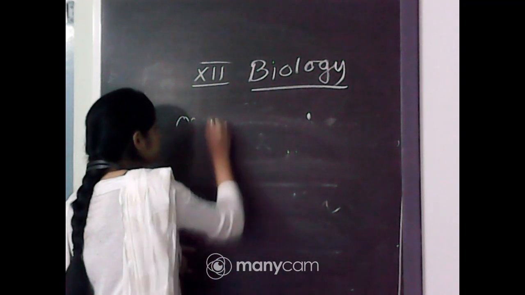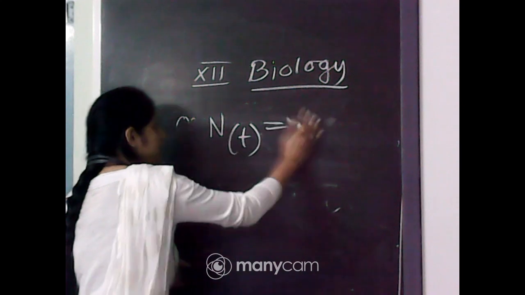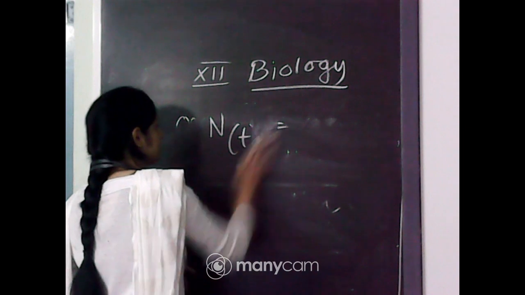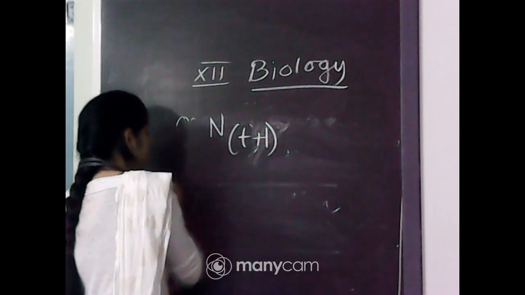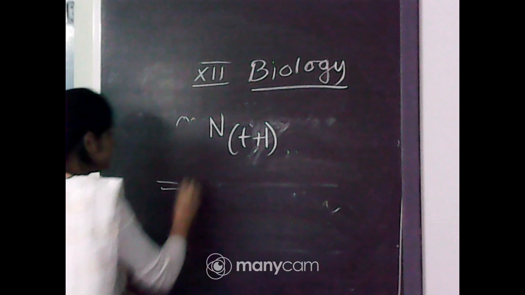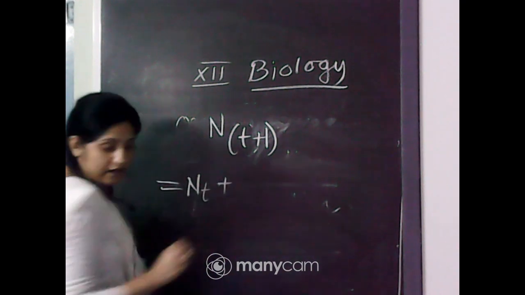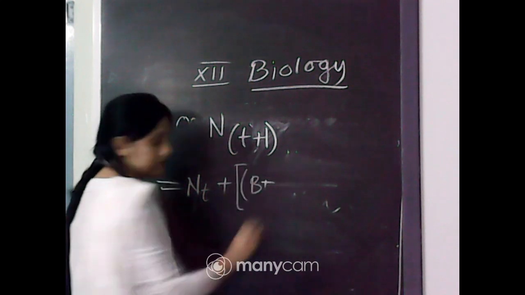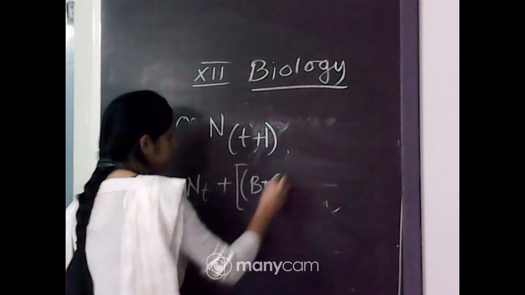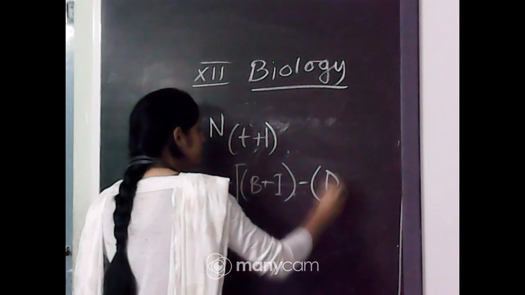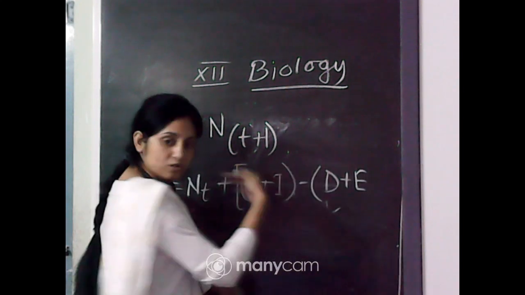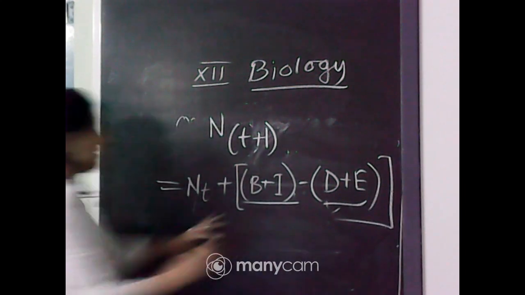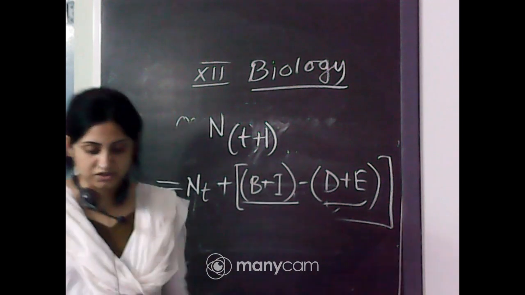So Nt+1 equals Nt plus birth plus I immigration minus death plus emigration, because some go out of the population, some are coming into the population, and some go out of the population. This total number is the population density.